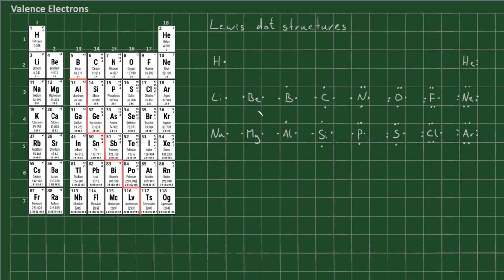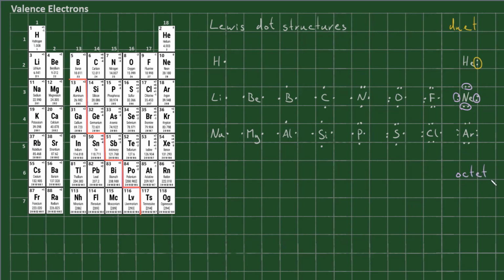In the group 2 elements, such as beryllium and magnesium, the 2 valence electrons are not paired, whereas in helium, the 2 valence electrons are paired. The 2 paired electrons of helium are also known as a duet, while the 8 paired electrons of any other noble gas, such as neon, are known as an octet.